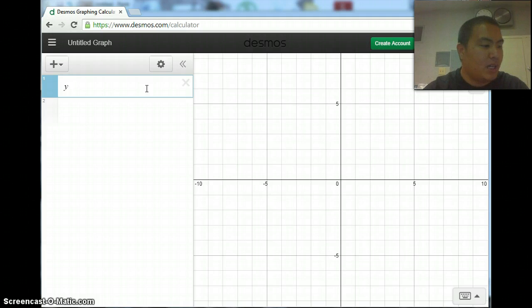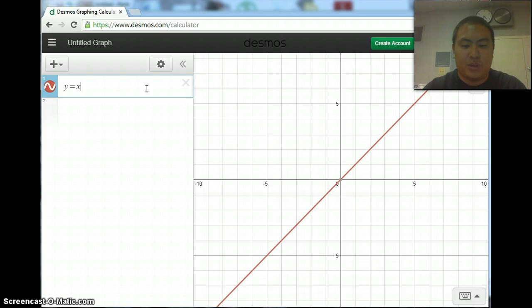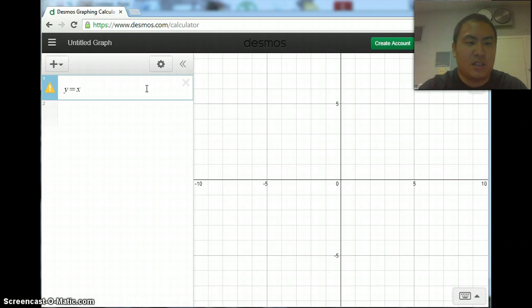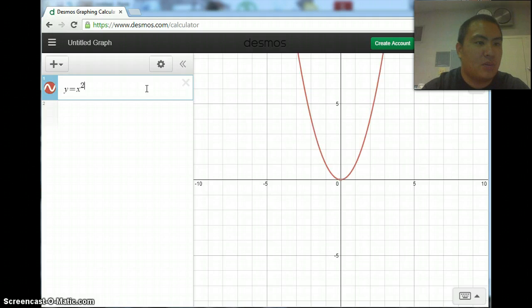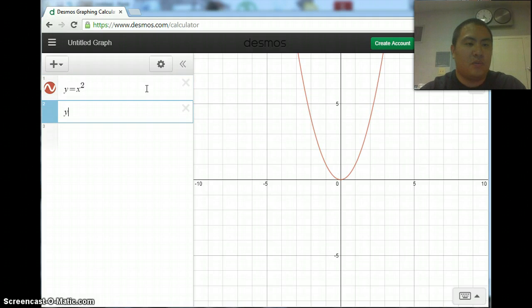You have y is equal to x squared, and to do x squared, you press shift and then 6. For most computers, it's the little caret that goes upwards. So it's shift plus 6, and that'll give you the exponent. So you have y equals x squared. That's the first one.